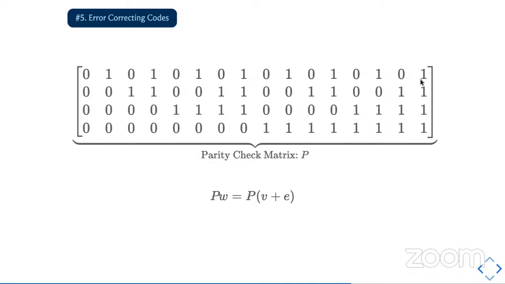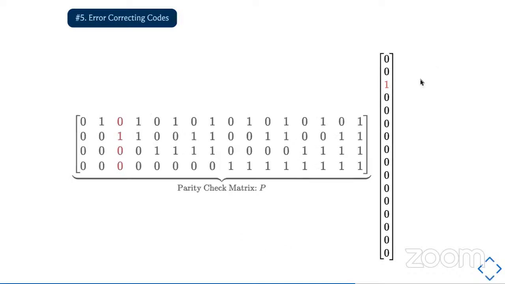Okay, so I think I probably have a slide which is more pictorial coming up, but let me just break this up a little bit. Maybe this tall vector that you see here is typically what an error vector looks like. So you have some genuine message and the channel decided to flip a bit.